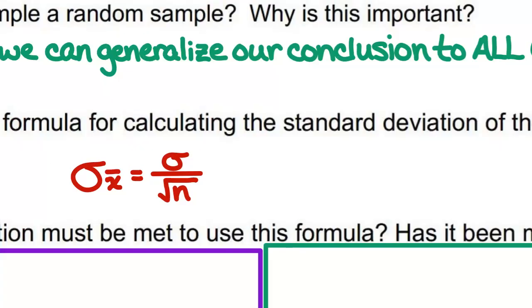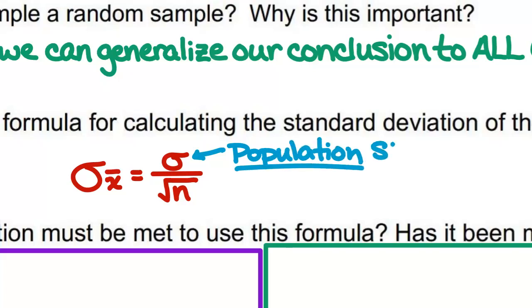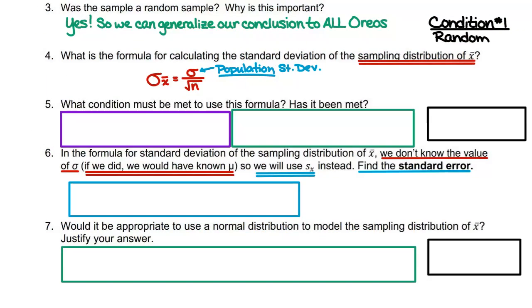This sigma, by the way, just to be super, super clear, this is the population standard deviation. Anytime we see sigma, that's the population standard deviation.